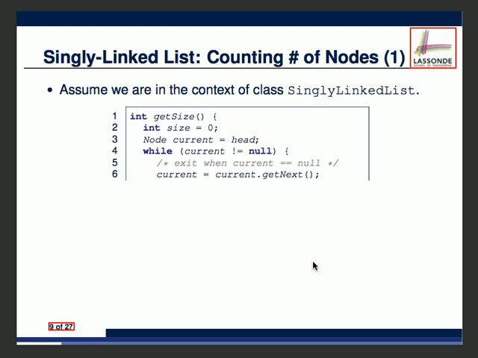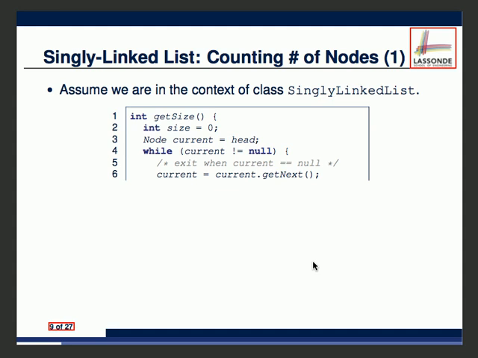When I say current is assigned to current.getNext, it's just an assignment. We're going to assign current.getNext, which is some object address, and store that into current.